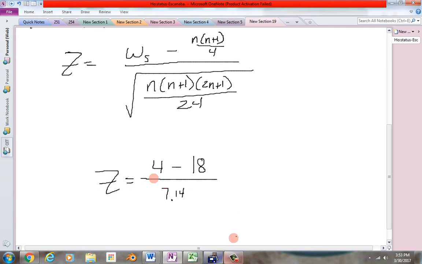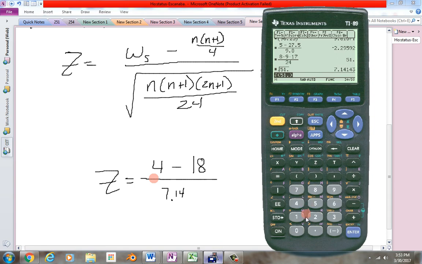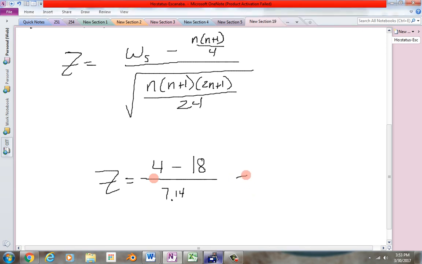And then that's negative 14 divided by this guy, which is negative 1.95.